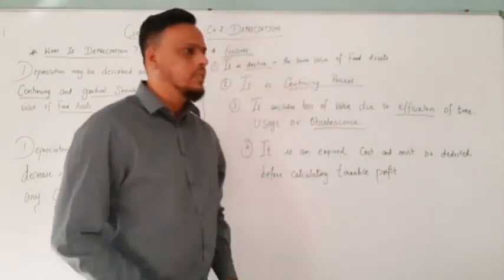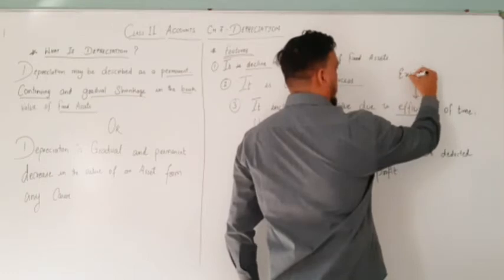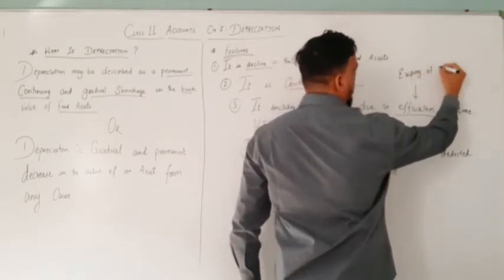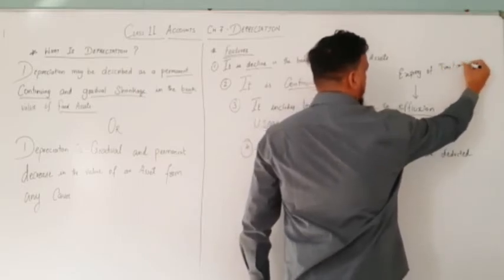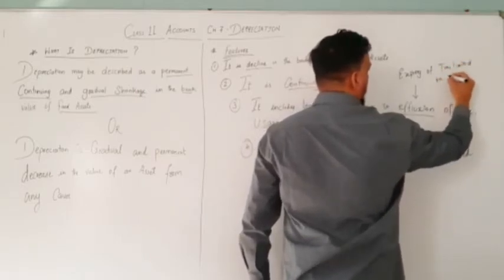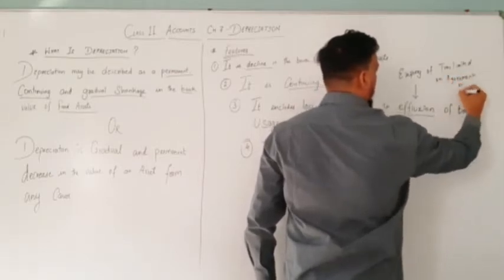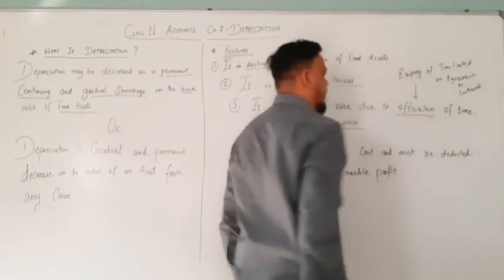Efflux of time means expiry of a contract or agreement, expiry of time limit on an agreement or contract. It is considered as efflux.